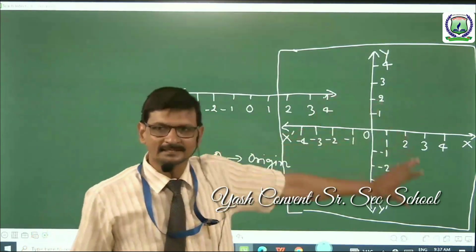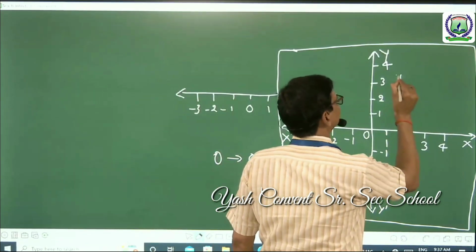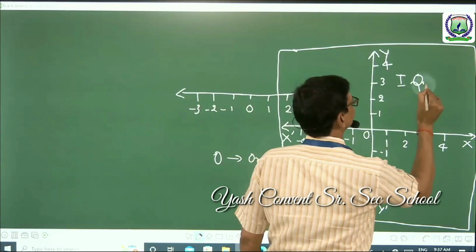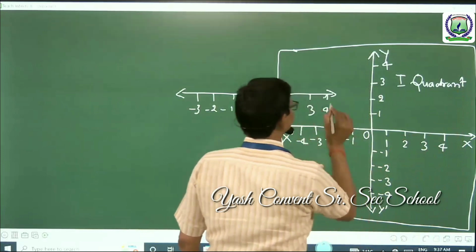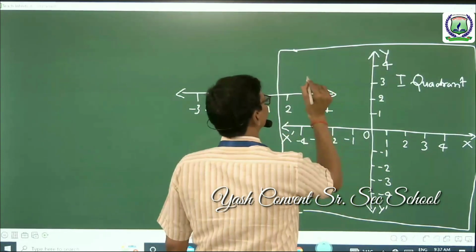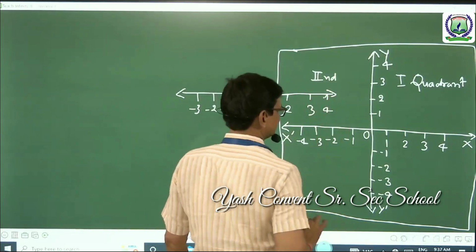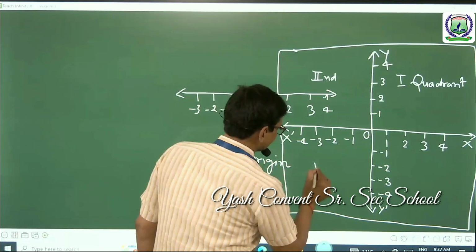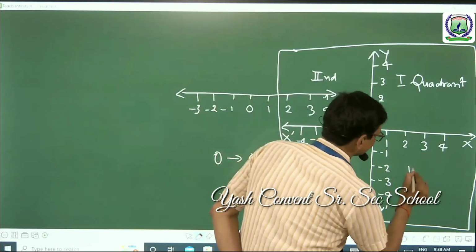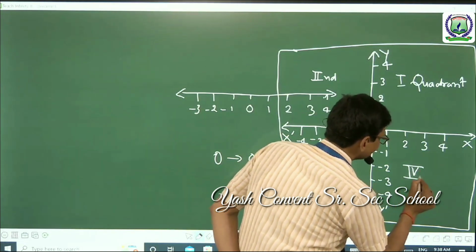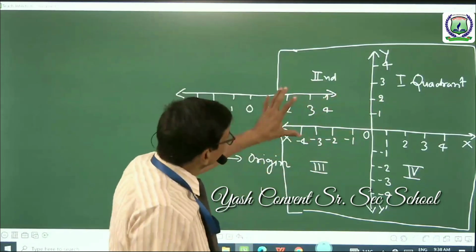This coordinate plane is divided into 4 parts, which are known as quadrants.